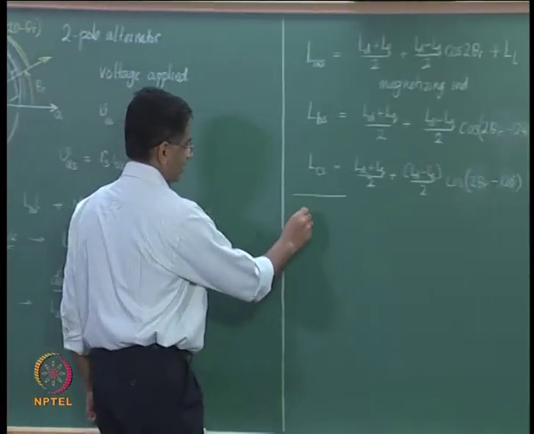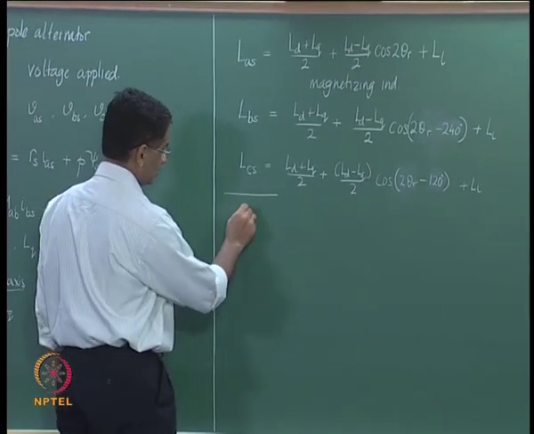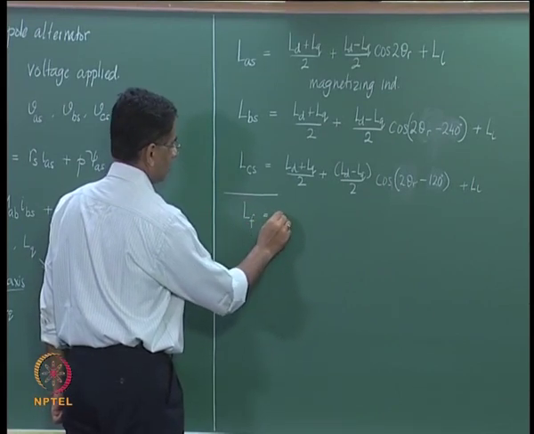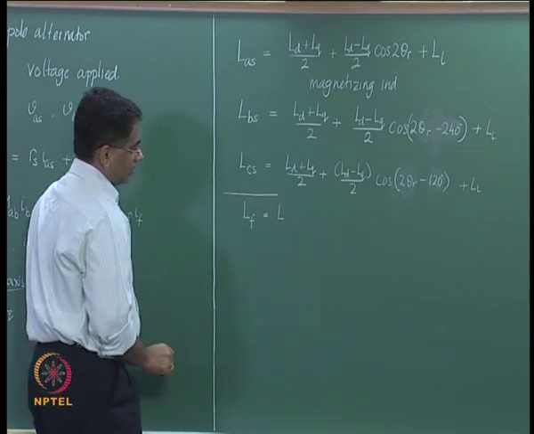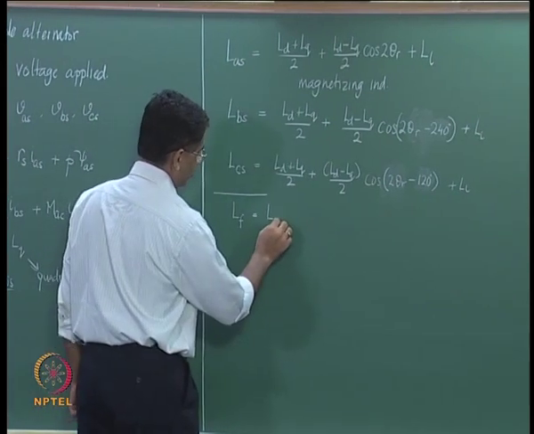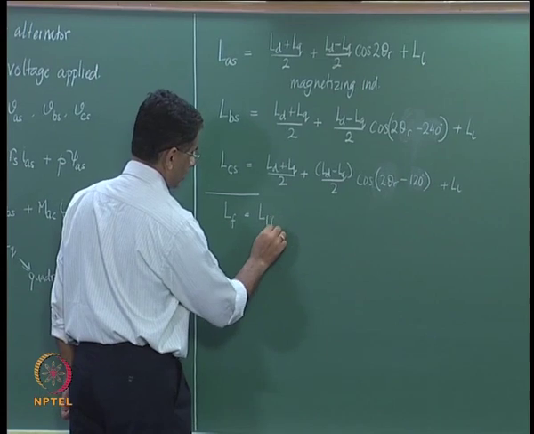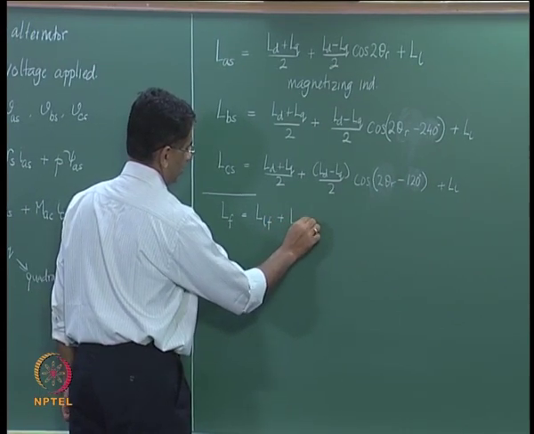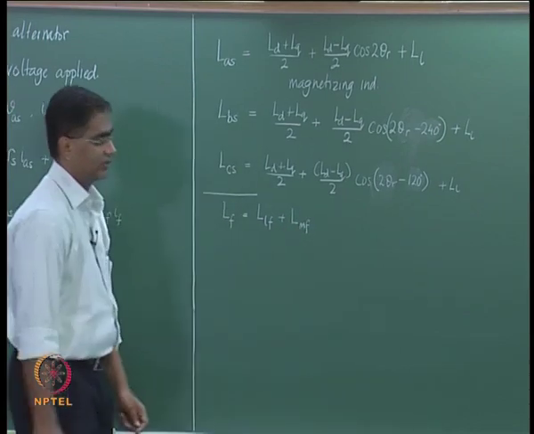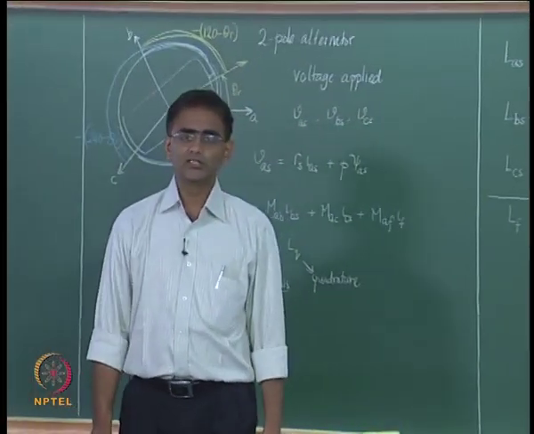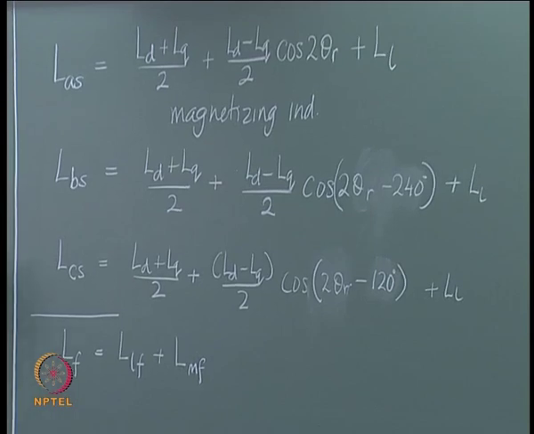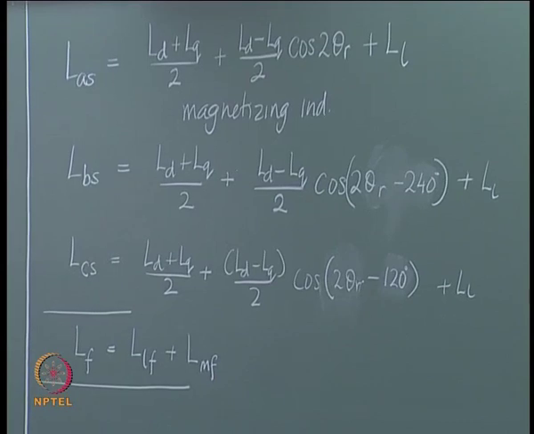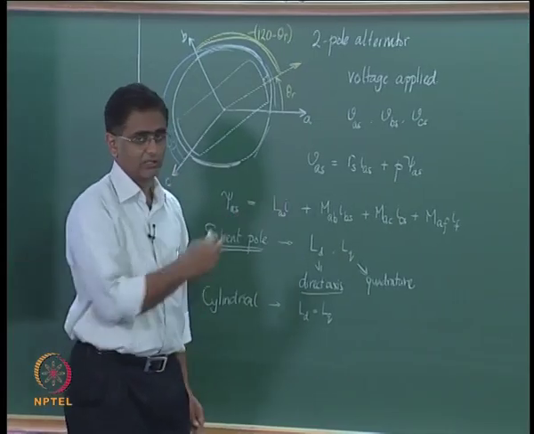Therefore we can say that the field self inductance LF is simply equal to a leakage inductance of the field plus, we will call this a magnetizing inductance of the field. So this is a simple expression for the self inductance of the field. So the self inductances are over.